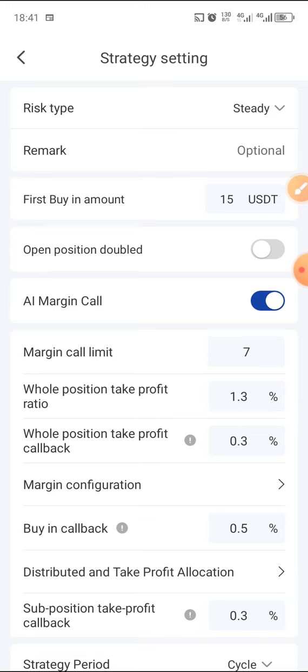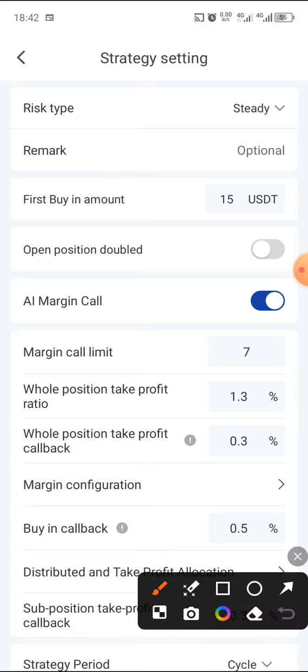So, remember, we are using the 20/80. 20% as our first buy-in amount, and the 80% which has remained is going to help us buy more margin calls so that we can be safe in the market. So this is how you are going to set.